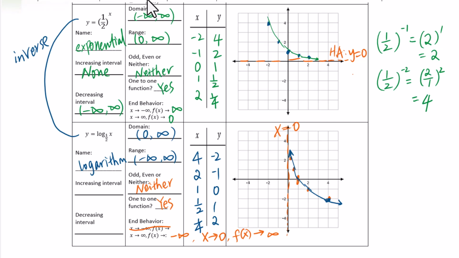From left to right, the graph is going down, so no increasing interval. Decreasing interval is the domain from 0 to positive infinity.